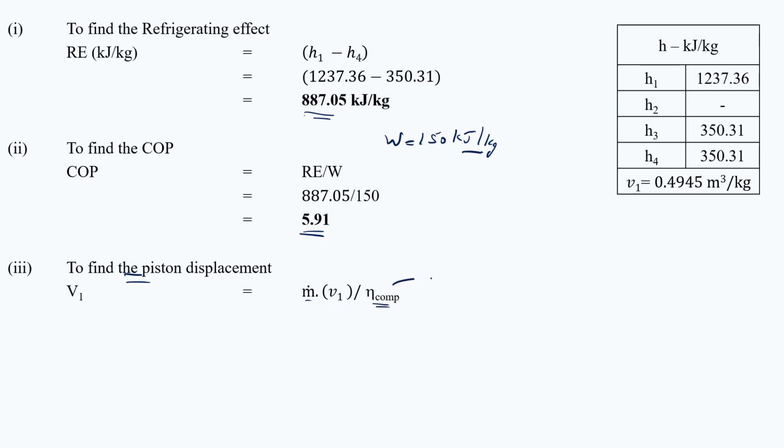Since this is also not given, we'll assume this value to be equal to 1 or 100% efficient. So we can directly substitute the mass flow rate, 4.5 kg per minute, into V1, the specific volume of the refrigerant entering the compressor, 0.4945 meter cube per kg, which will give our piston displacement as 2.225 meter cube per minute. Thank you.